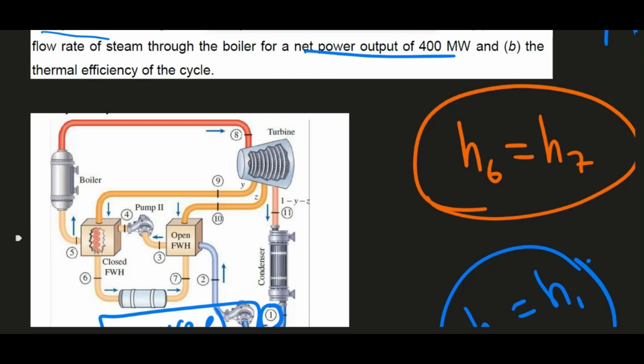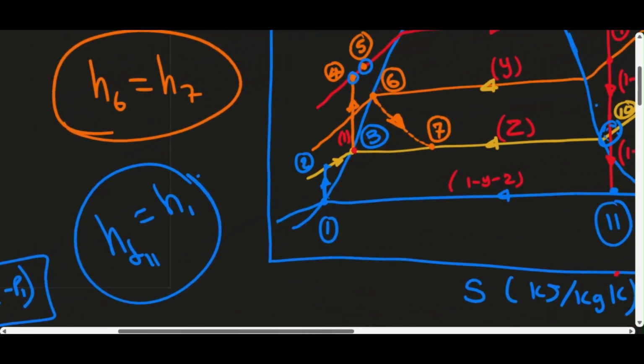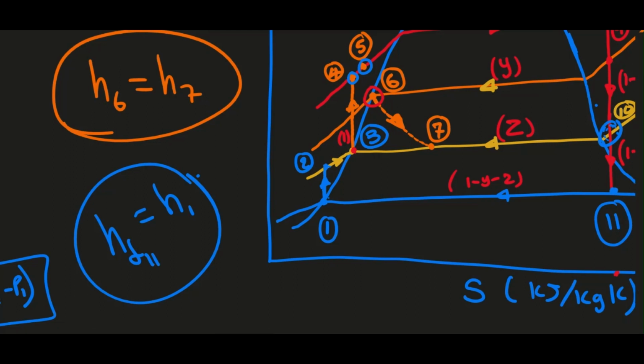I'll show you what I mean. On our TS diagram, H6 is exactly on the saturated liquid line. Why? Because the extracted steam leaves as saturated liquid.